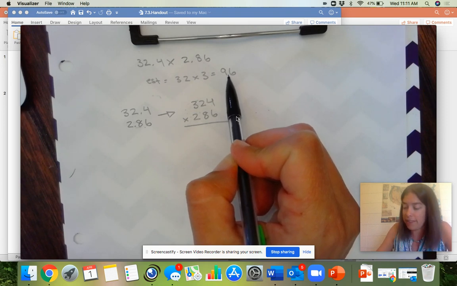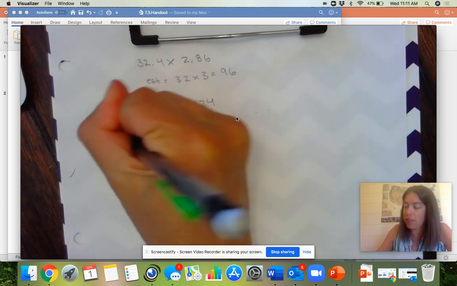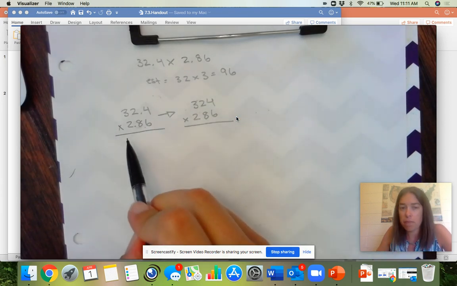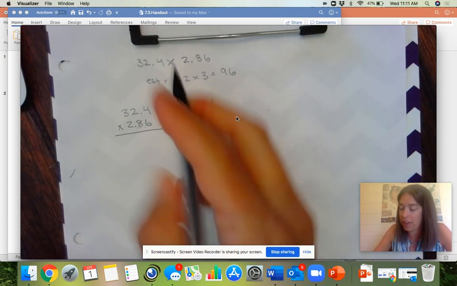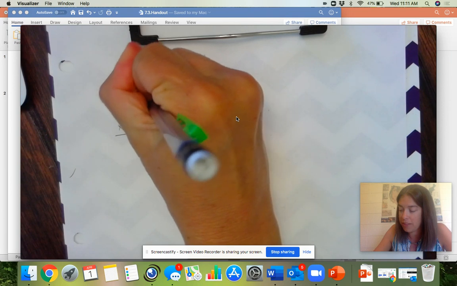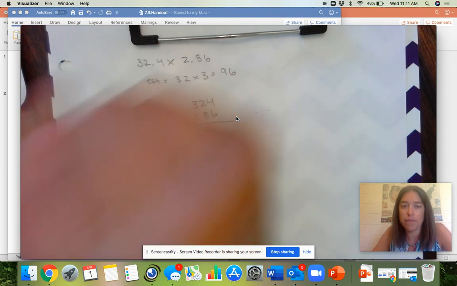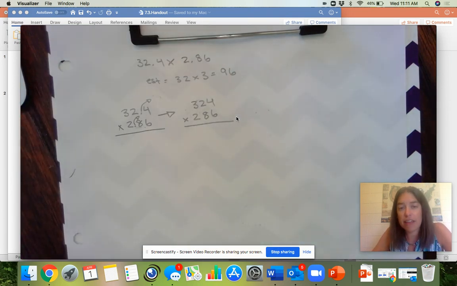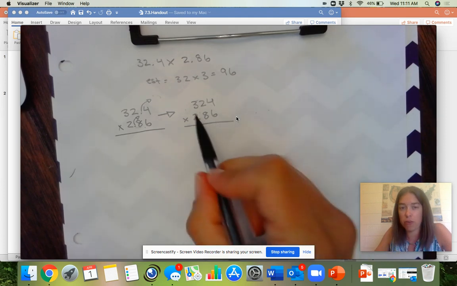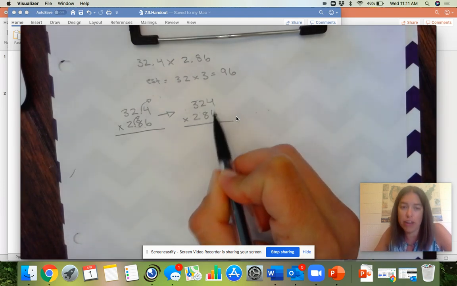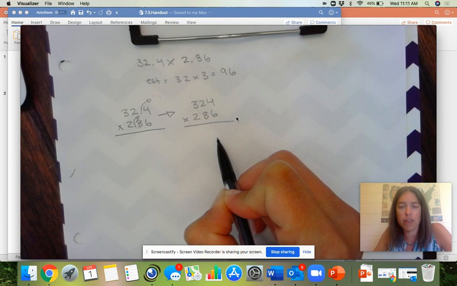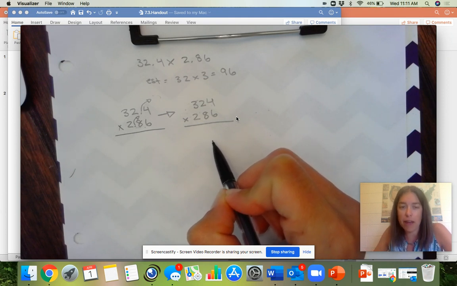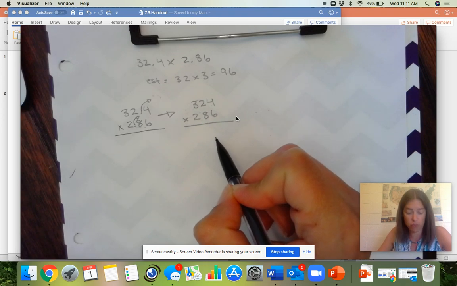Now, when I set up my standard algorithm, I knew I was able to temporarily take out those decimal points. And so I can think of it like multiplying 324 times 286. Just wanted to make sure everyone had that lined up correctly. Go ahead and get back to work. And if you were using fractions, that's great. You can do that as well.